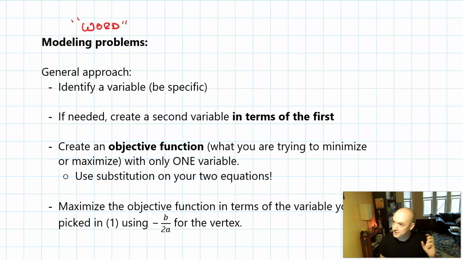And a lot of people are scared of word problems. They see, oh my gosh, why are there words in my algebra? And they freeze up. But really, you shouldn't be afraid of them. The math contained within all of these word problems really just is quadratics. So there's a couple different flavors of problem we're going to look at. I'm going to show you how to do each flavor of problem for a basic approach.